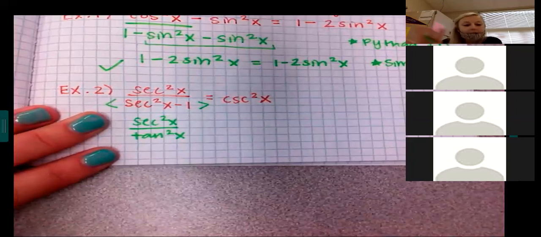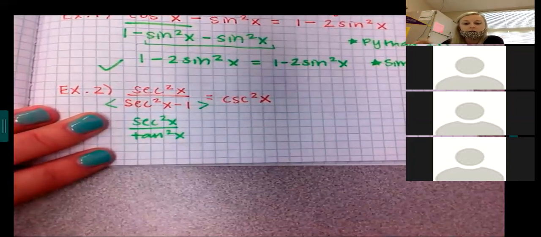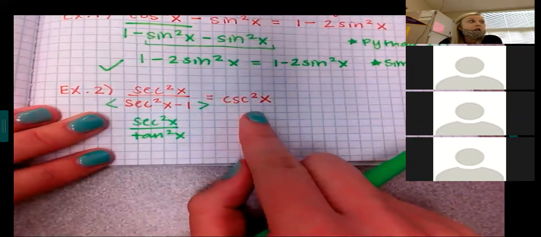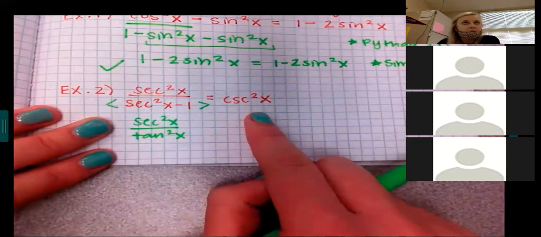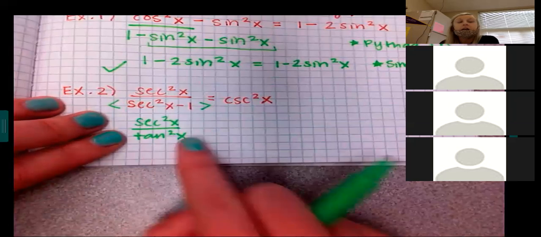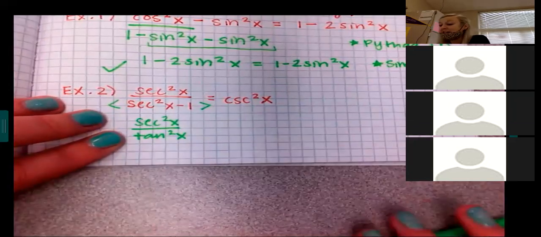Okay, good. So stop. Look at what you have. Cosecant, everybody should know that is 1 over sine. So Drake said, if I can rewrite it with a sine somewhere, I could probably make something cancel out. So he said, I want to rewrite tangent as sine over cosine. That's a good move. You don't have to do it that way. There's a second way to do this one, but that's the way I did it.